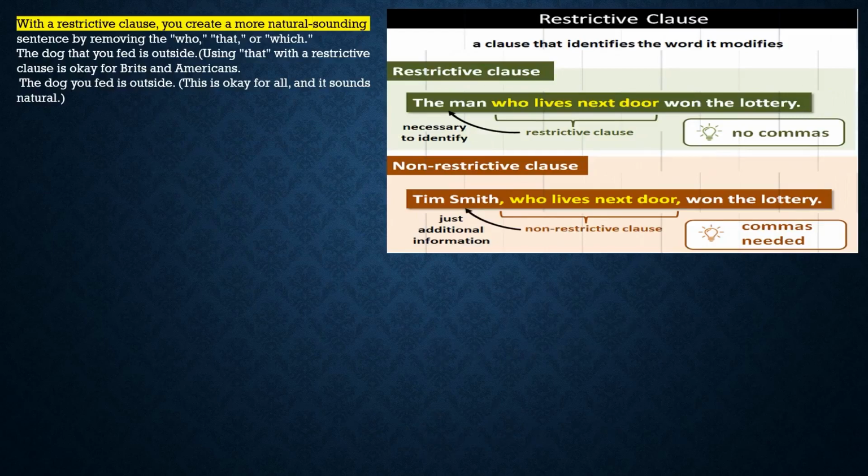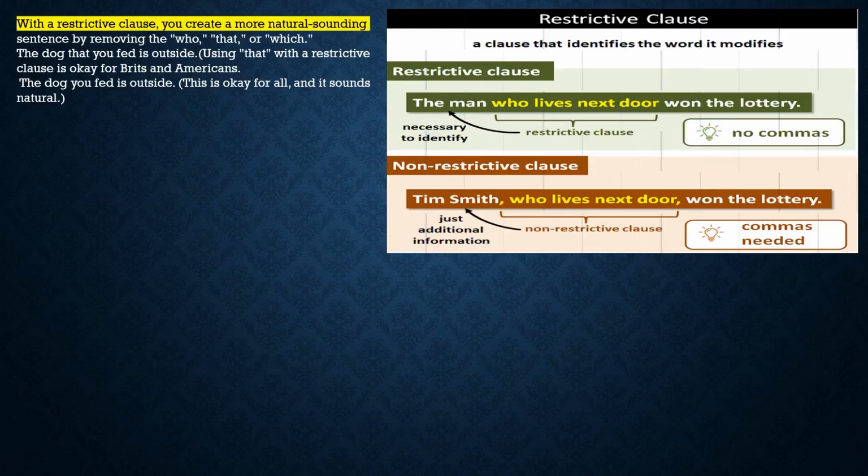Key points to be noted here: don't put commas around a restrictive clause, as it's essential for identification. Remember, if you would happily delete your clause, then it's a non-restrictive clause, and it should be offset with commas.